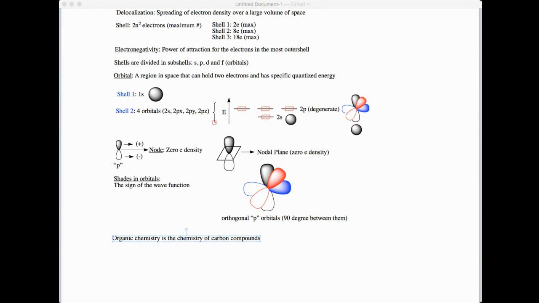So the point is that we focus a lot on carbon, and also we have oxygen atoms in organic molecules. There's also sulfur, phosphorus. And obviously hydrogen is the other big deal.